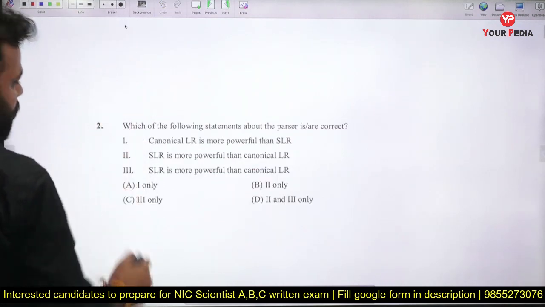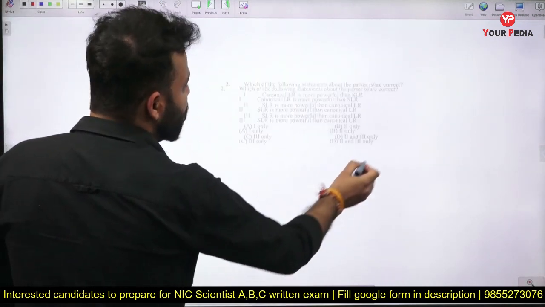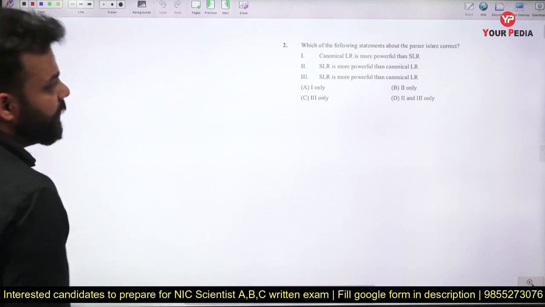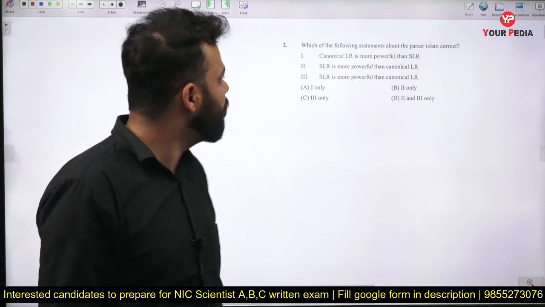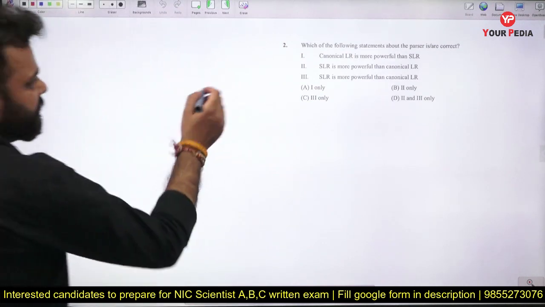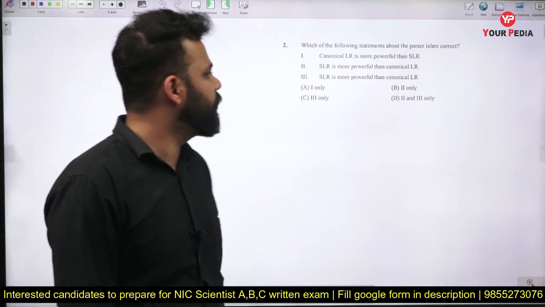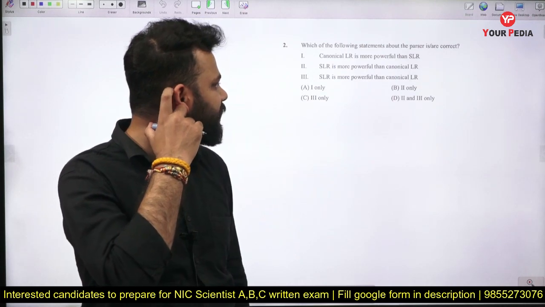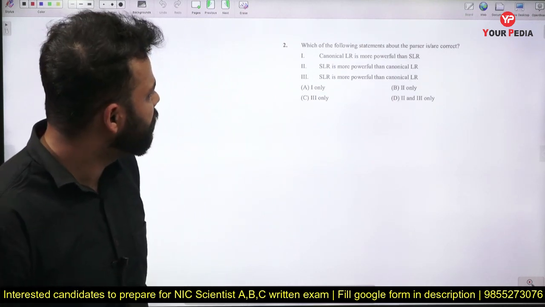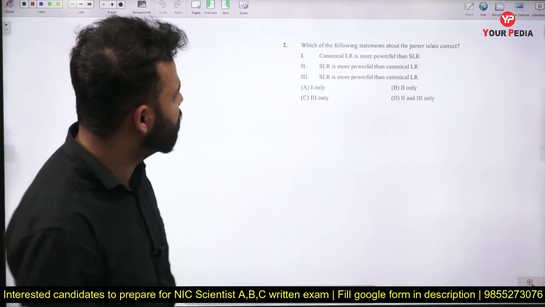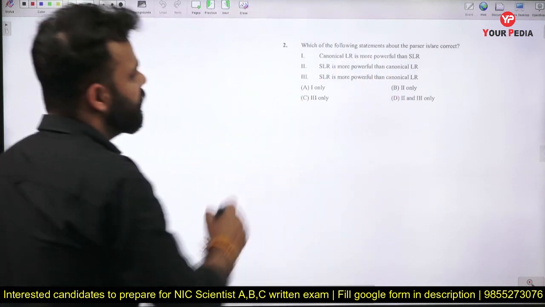Now the next question was, which of the following statements about the parser are correct? So the first is canonical LR is more powerful than SLR. SLR is more powerful than canonical LR, and SLR is more powerful than canonical LR. I think there is, okay, so these two are same.